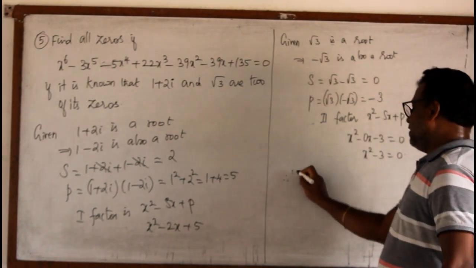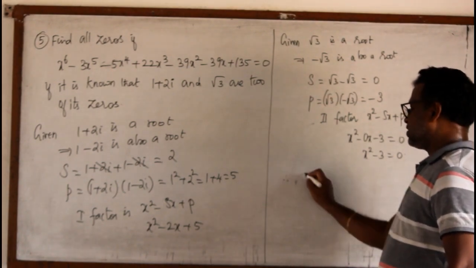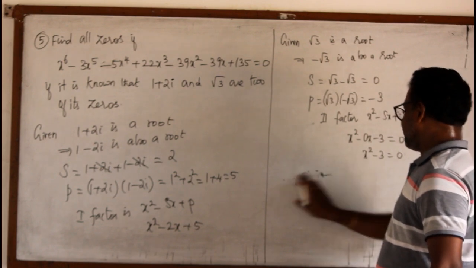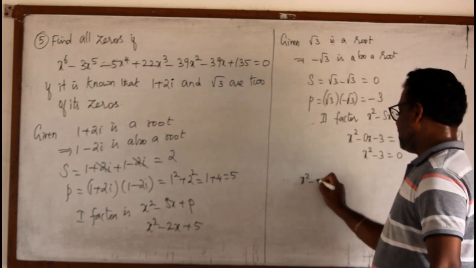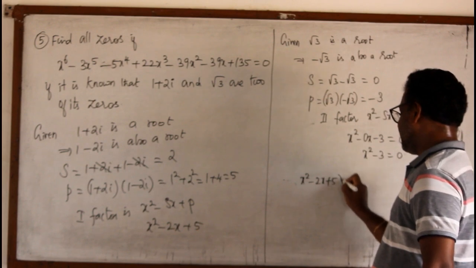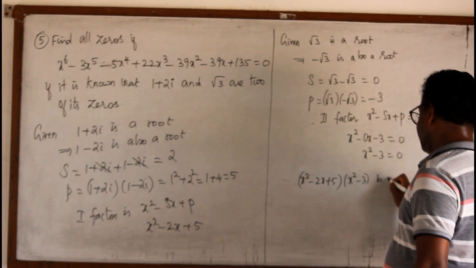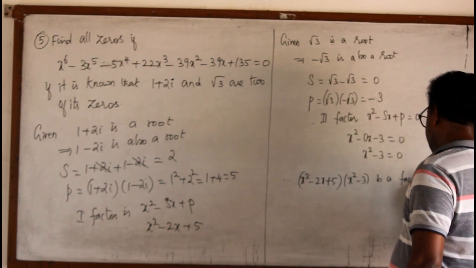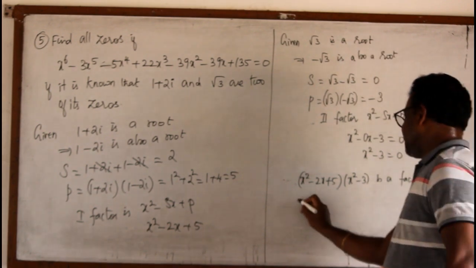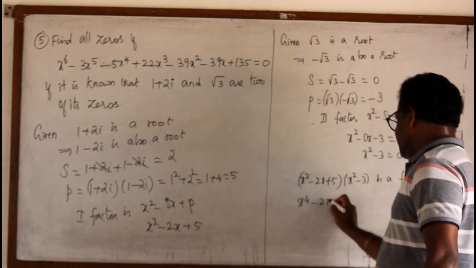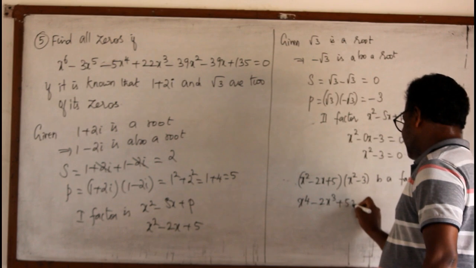Therefore, x square minus 2x plus 5 into x square minus 3 is a factor. That means when we multiply, it is x power 4 minus 2x cube plus 5x square.